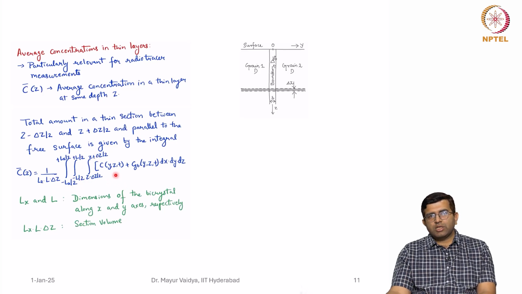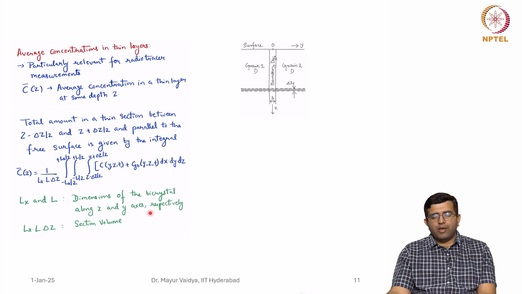Here the integration is done for both the terms, C of x y z t plus CGB of y z t, dx dy dz, where Lx and L are dimensions of the bicrystal along the x and y axes, whereas this term represents the volume of this section.